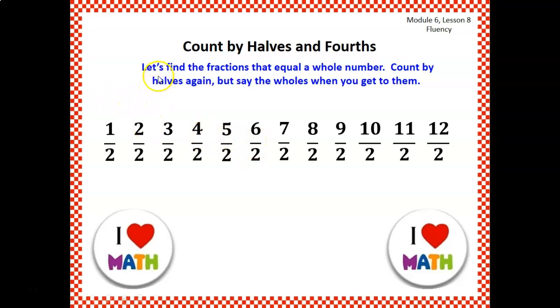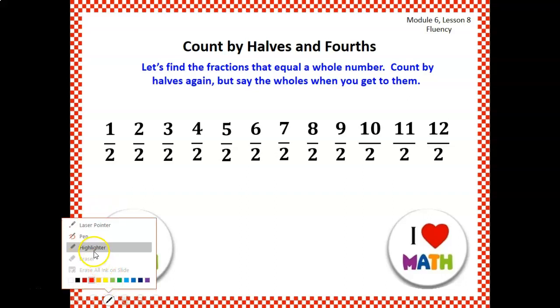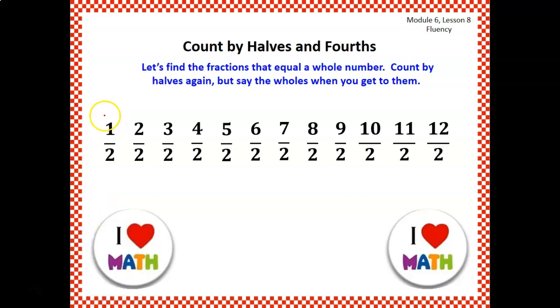Well, how many halves are in a whole? 2 halves are in a whole, so we're going to say, let me get my pen. Here we have 1 half, 2 halves we know is 1, 3 halves, 4 halves would be 2 because there's 2 halves in a whole. So 6 halves would be 3.